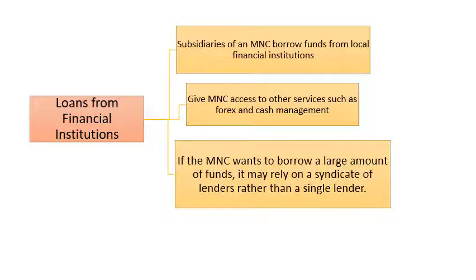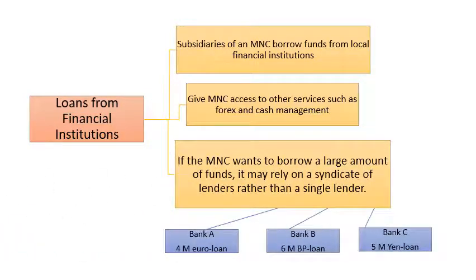The structure of a syndicated loan can be customized to meet the multinational corporation's needs. For example, the loan can be segmented into portions so that each portion is denominated in a currency that is needed by a particular foreign subsidiary.